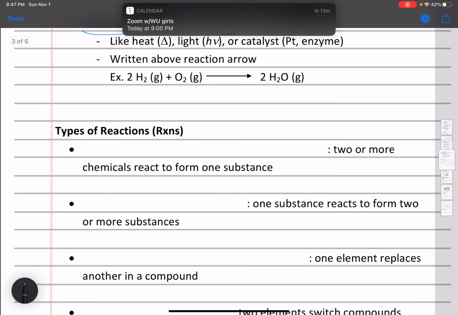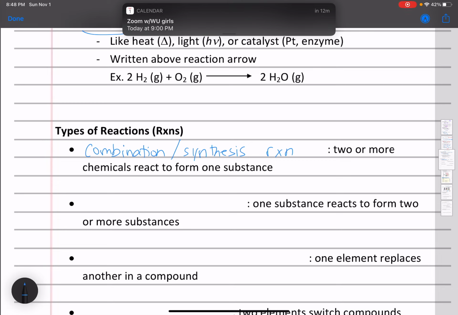All right, so we can classify chemical reactions into some broad categories. There's 4 really main categories of types of reactions. The first is called a combination or synthesis reaction. RXN is a common abbreviation for reaction in chemistry.